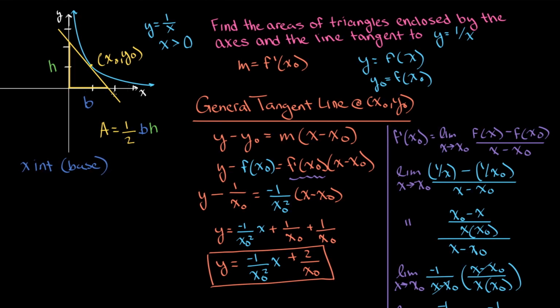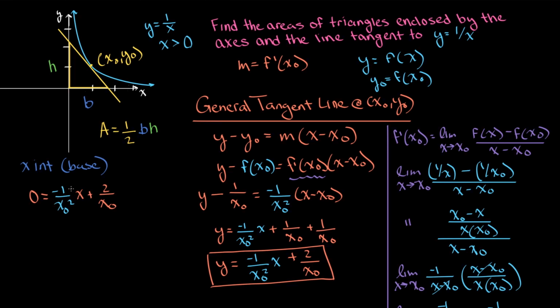The x-intercept, we're going to let y be equal to 0 for this general tangent line. So let's plug in y is equal to 0 at that general tangent line, and we get 0 is equal to -1 over x naught squared times x plus 2 over x naught. Okay, and then all we need to do is solve for x.